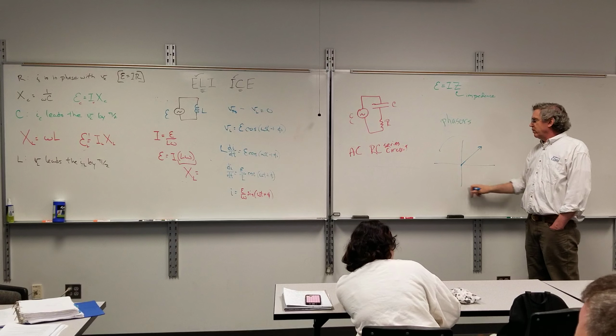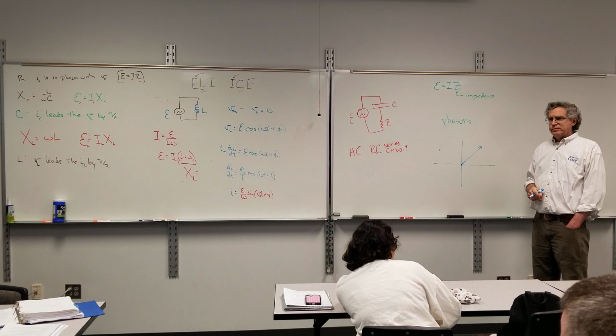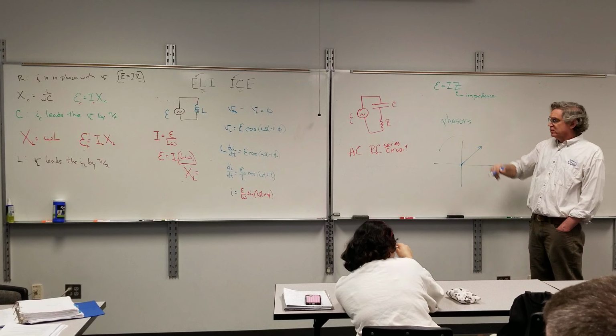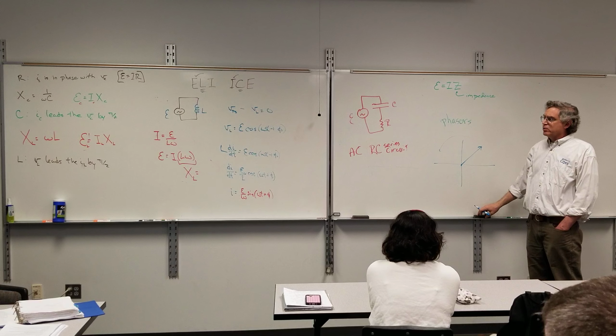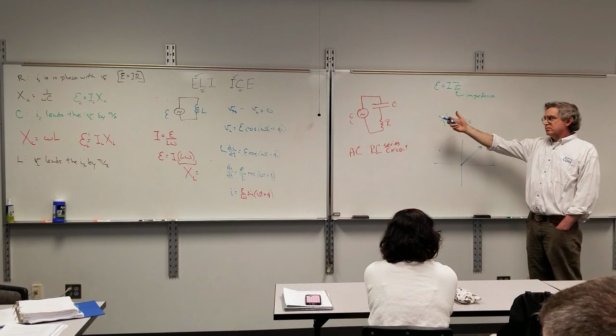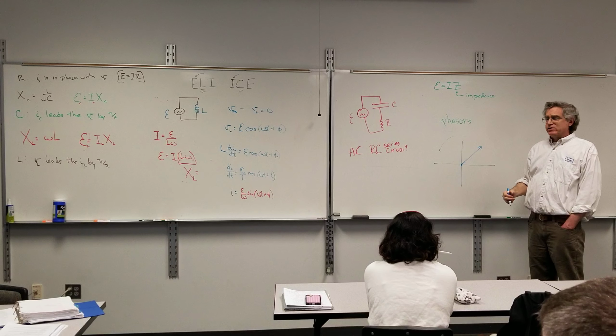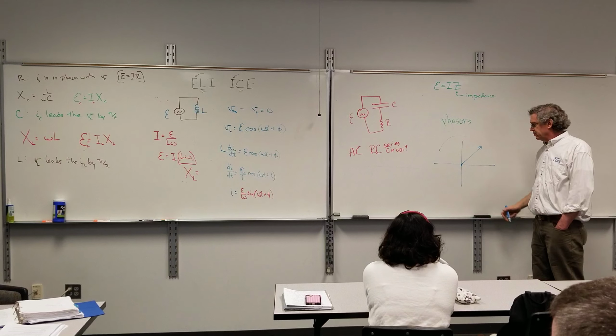This is going to spin around with an angular speed of omega. The same omega that shows up in our formulas over there. So the angular frequency of the oscillations of the power supply would match the angular speed of the arrow going around counterclockwise.